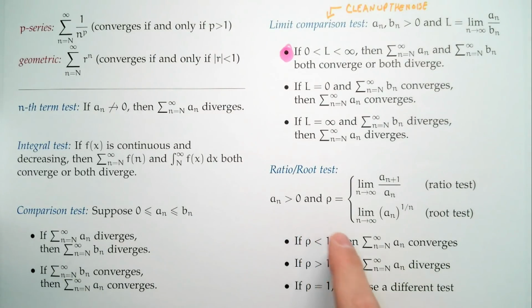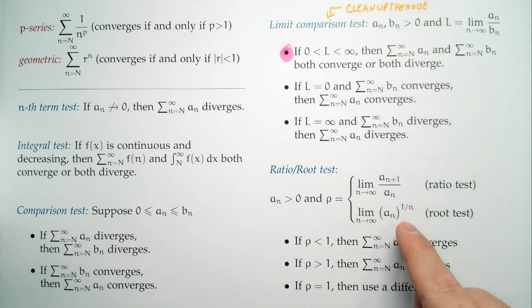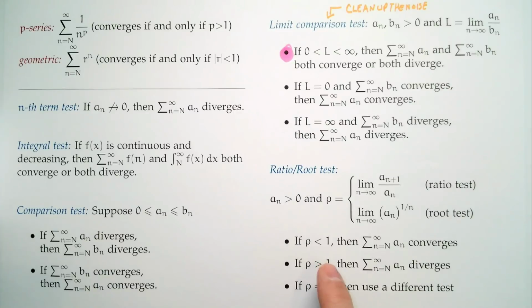So what you do is you look at either the ratio of the next term to the current term, a sub n plus 1 over a sub n, or you look at the nth root of your term, a sub n, and say, what happens in the long run? Let's suppose it converges. If it converges to a small number, then the whole sum converges. If it converges to a large number, then the whole sum diverges. Small and large being, are you below 1, are you above 1?